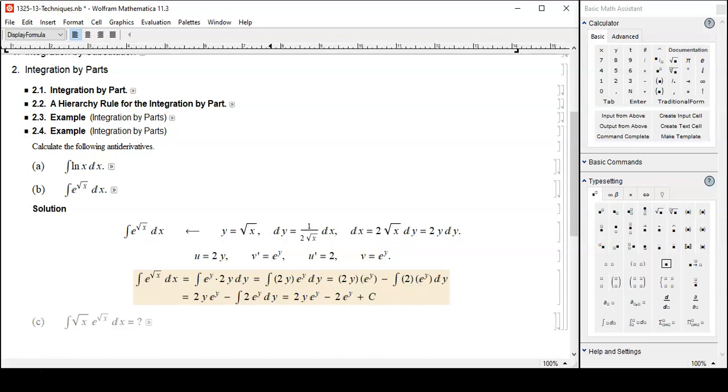Exponentials stay the same. But be careful, that's not the end of the story. We have the correct antiderivative, but that's written in terms of y. The original problem was written in terms of x, so we have to get x back.